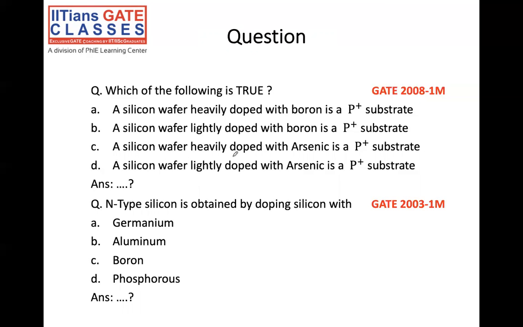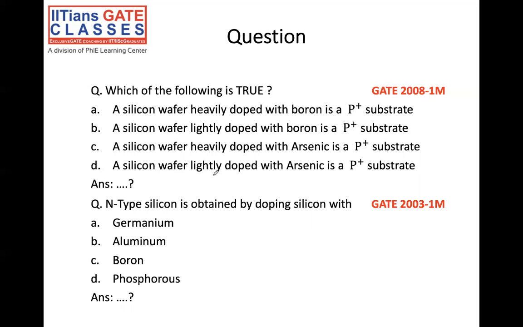In other options, boron which is lightly doped should be P minus, it should not be P plus. And in option C, silicon wafer heavily doped with arsenic. Arsenic is pentavalent, or we can say it is a donor. If it is a donor, it will create an n-type semiconductor. So if it is heavily doped, it will be n plus, which is the wrong option.